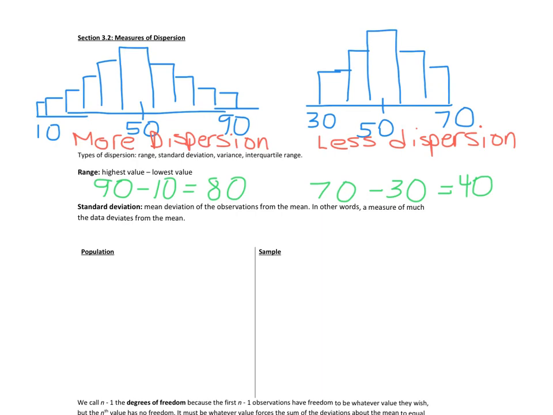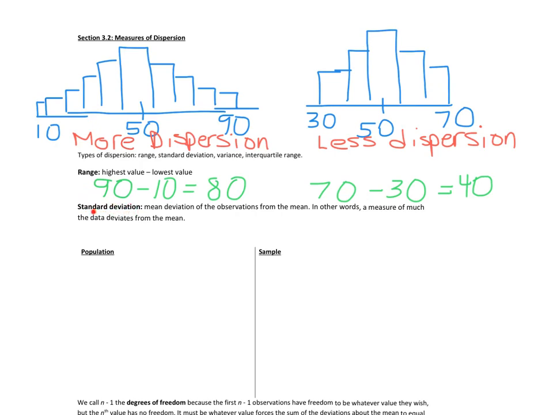So the range isn't ideal. For instance, if we had one super extreme value, for instance over here, if we just had one random value at 150, that would throw this whole thing off. And we would think that the range is high, that must mean more dispersion. But really it is just that one value all the way over at 150. So a better way to measure dispersion is the standard deviation.